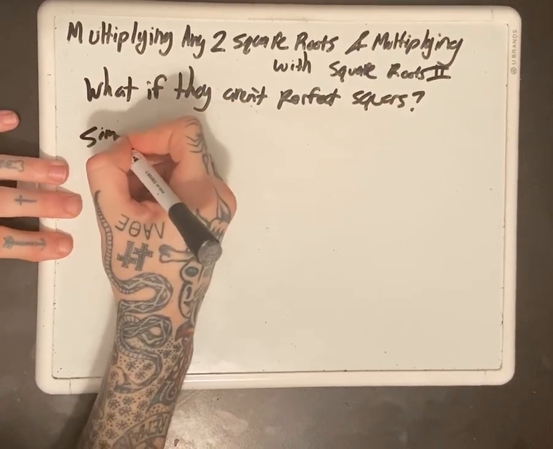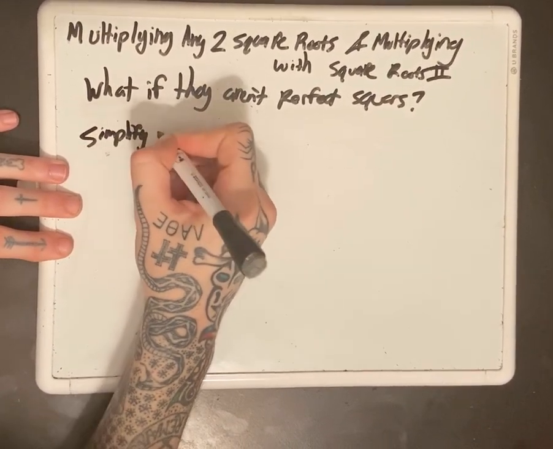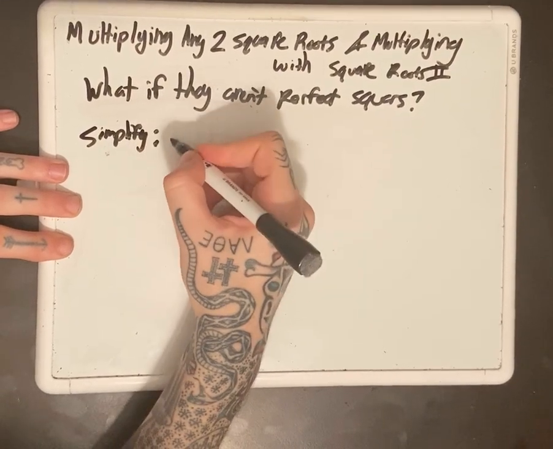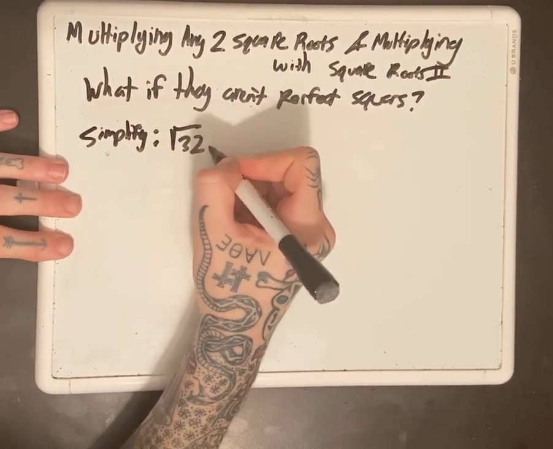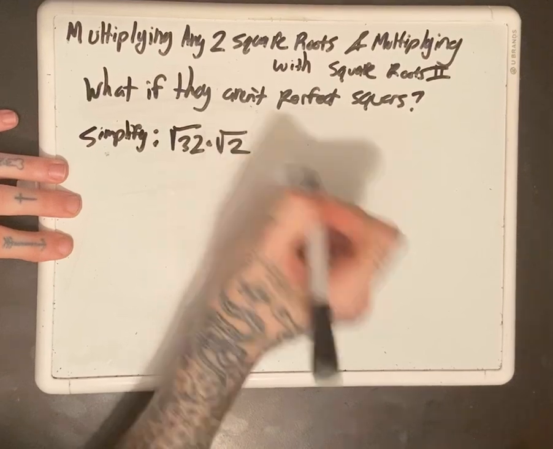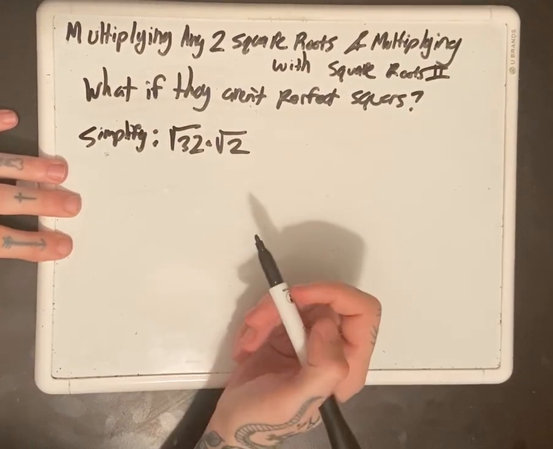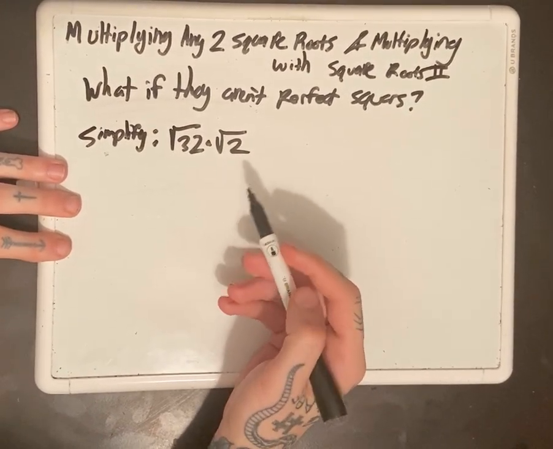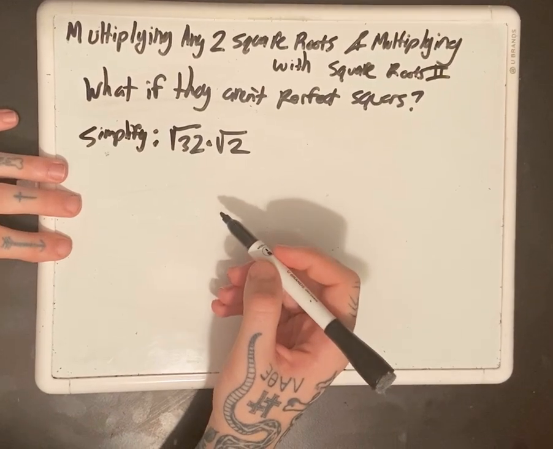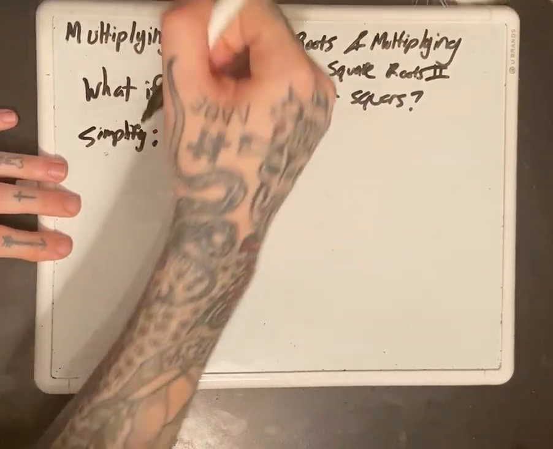So simplify: square root of 32 times square root of 2. 32 is not a perfect square, and 2 is not perfect. So we can't take the square root of them easily without a calculator.